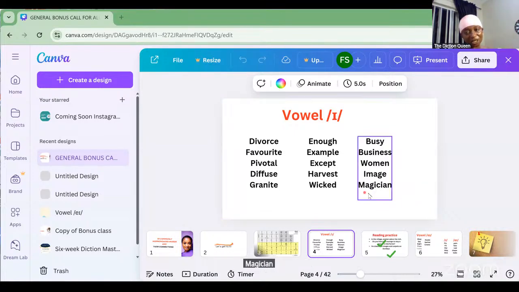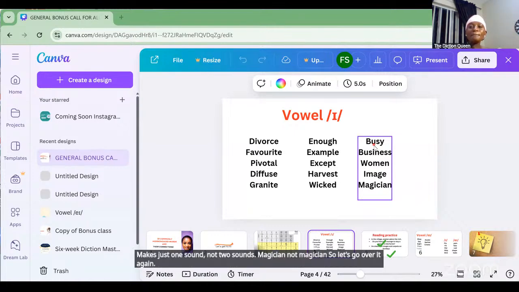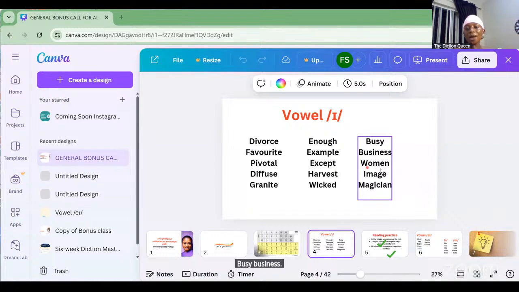It's not magician. The C here makes just one sound, not two sounds. Magician, not magiction. So let's go over it again. Watch my mouth. Busy, business, women, image, magician.